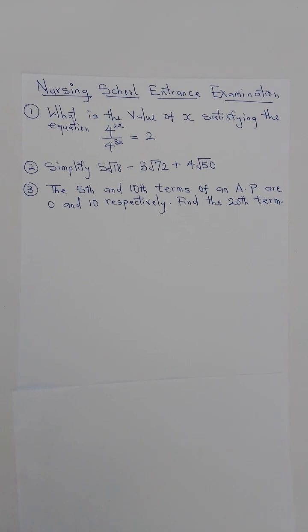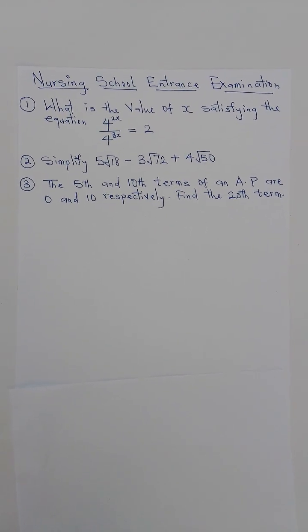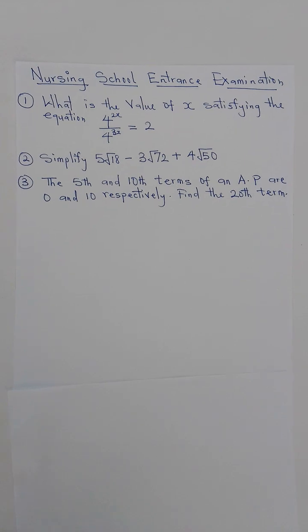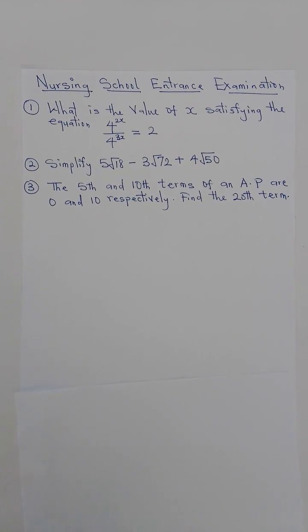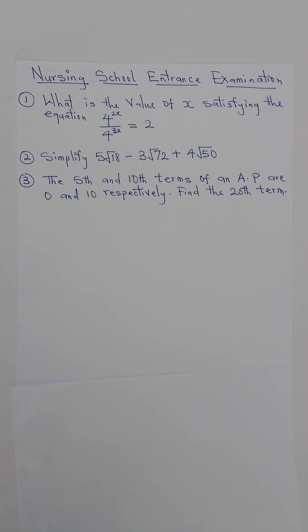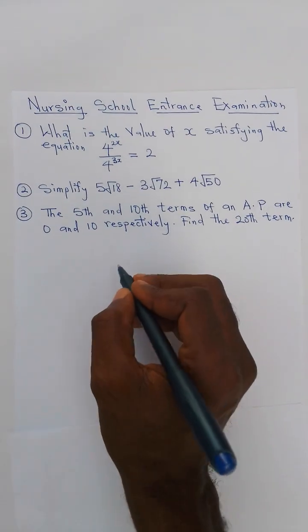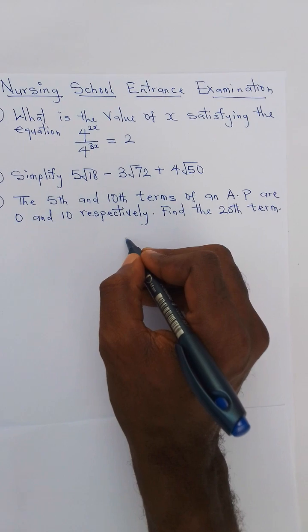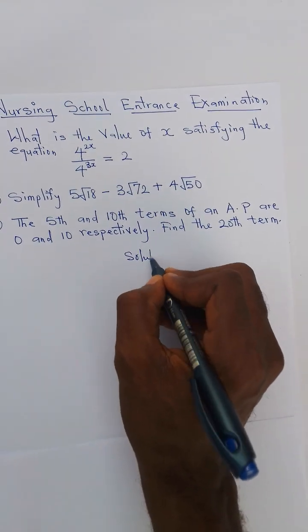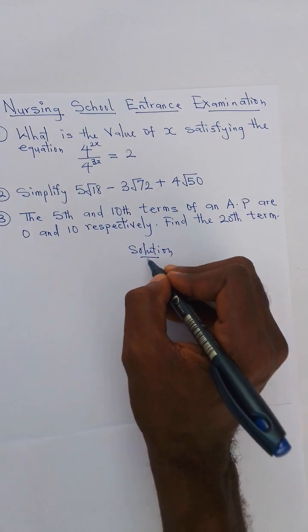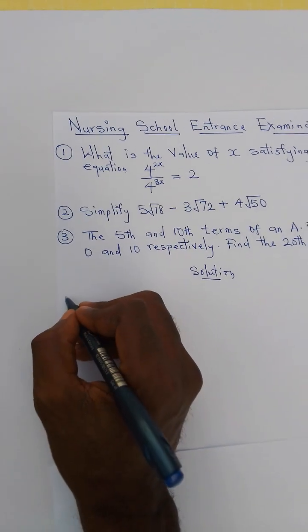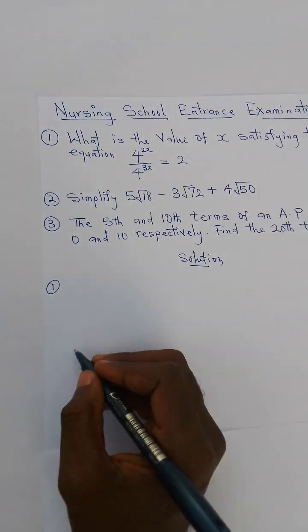Question number 1 says that what is the value of x satisfying the equation 4 raised to power 2x all over 4 raised to power 3x equal to 2. So let's solve that question. So let's say solution. Okay, question number 1.